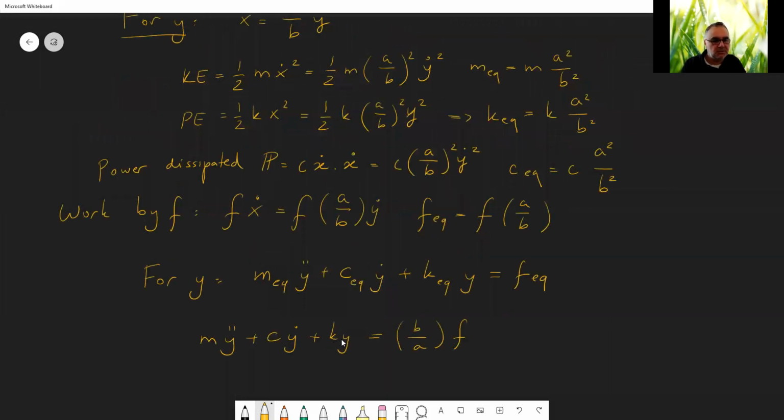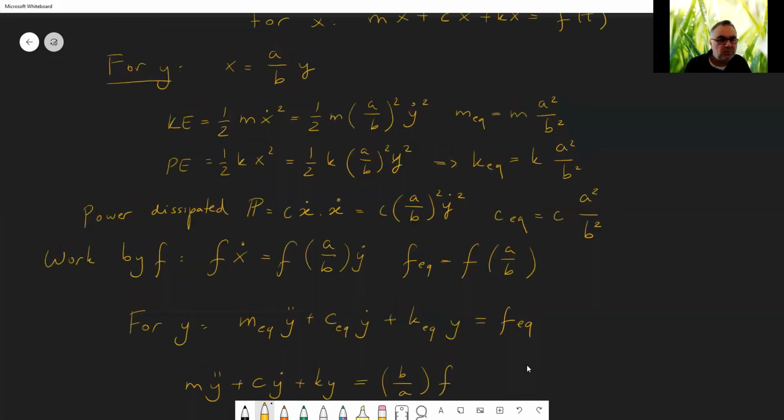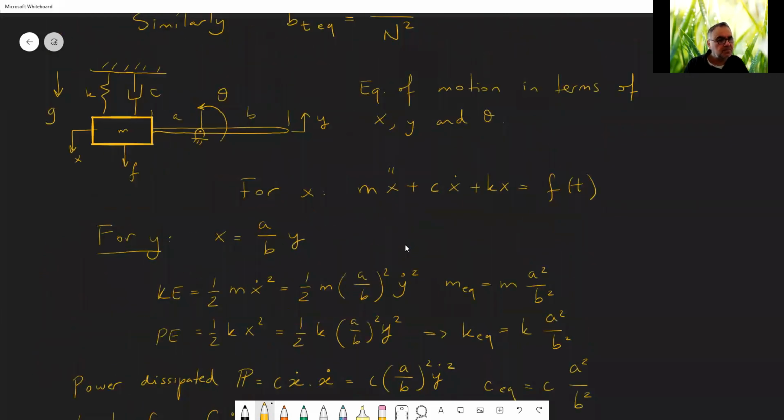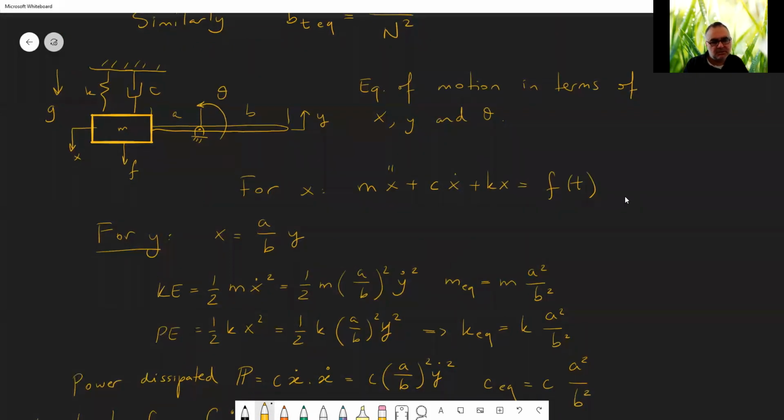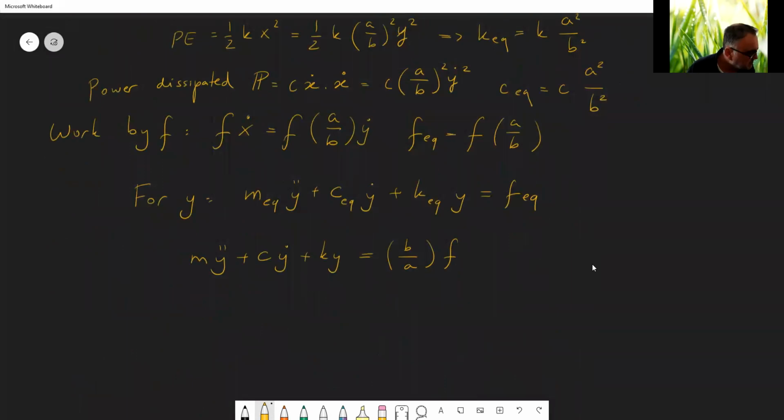And those squares are going to cancel the other one, and the remaining will be carried to here as b over a.